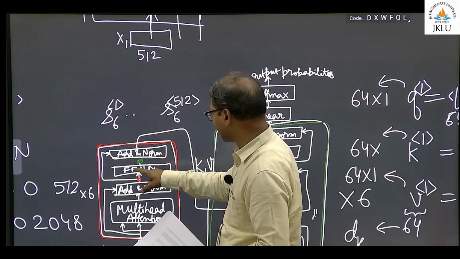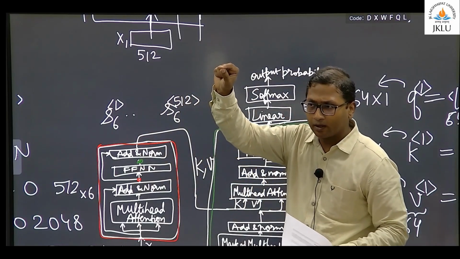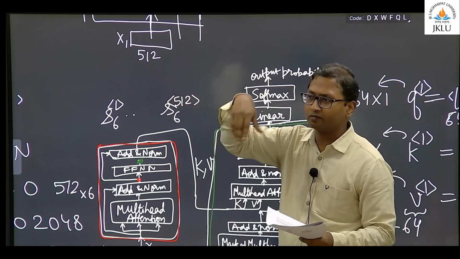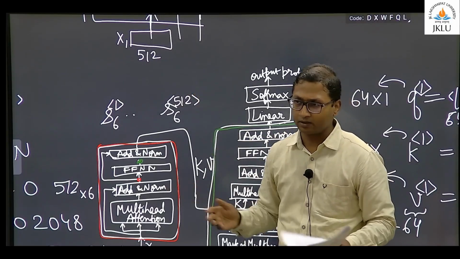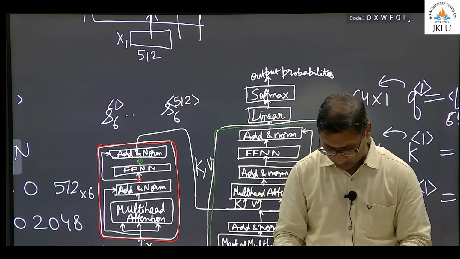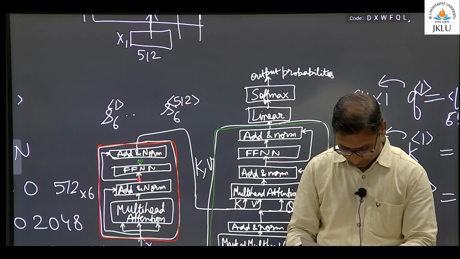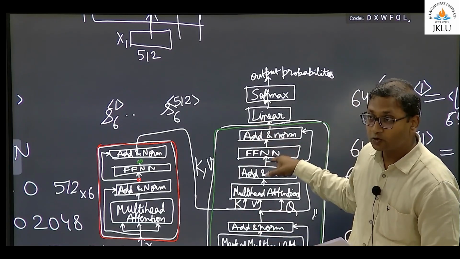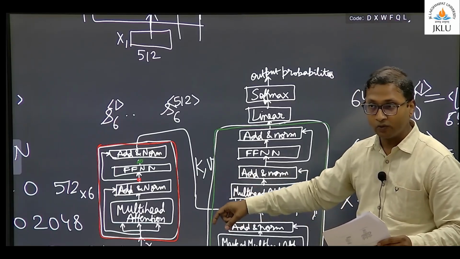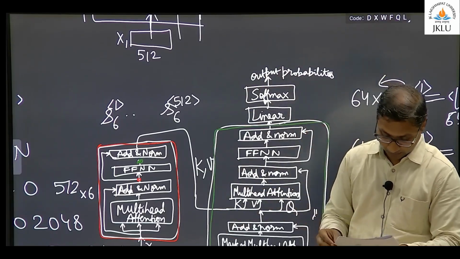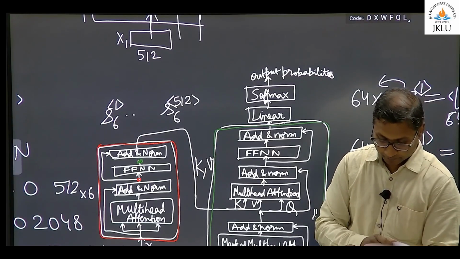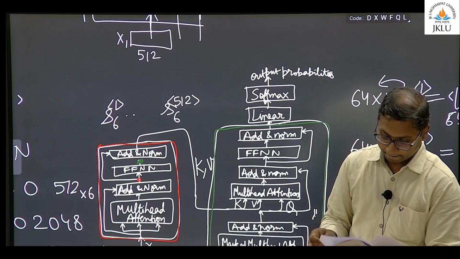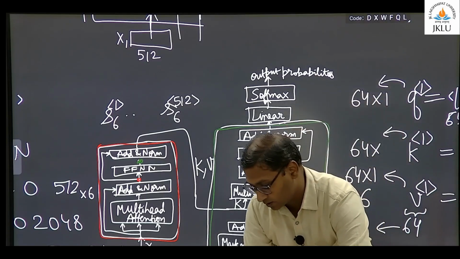So if I have this FFNN, which activation function will be used at the 2048 layer? I mean ReLU, right? So you use ReLU in this case, in case of the original transformer. Embeddings are learnt actually, so these 512, you learn them.